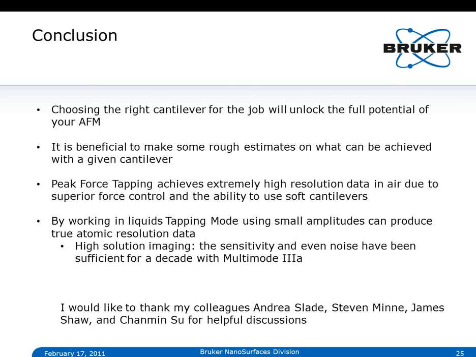Nobody prevents you from using a tapping mode probe in peak force tapping. And we actually do that if we want to apply a high force to the sample, to make a mechanical measurement into a piece of silicon or some stiff sample.